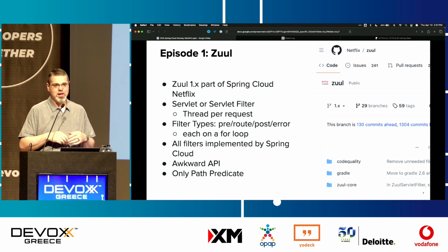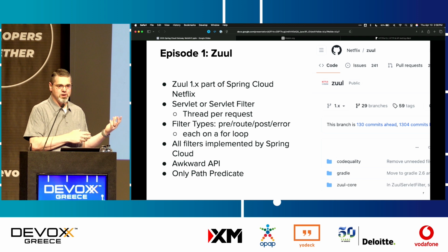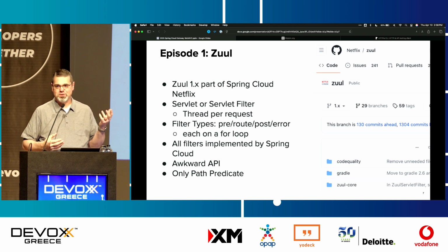And it came with nothing. It was basically just that little framework, and Dave and I implemented everything that we thought we needed in the early days of Spring Cloud. It had a very awkward API. When you implemented a filter, you had to return an object, but that object was never used anywhere.